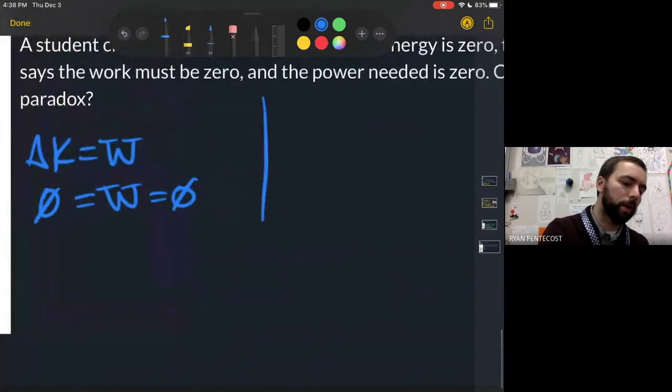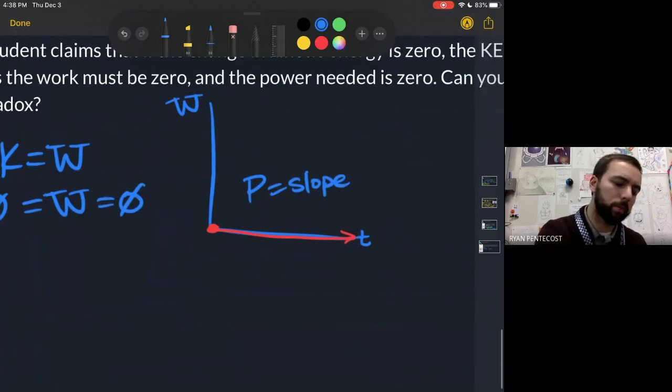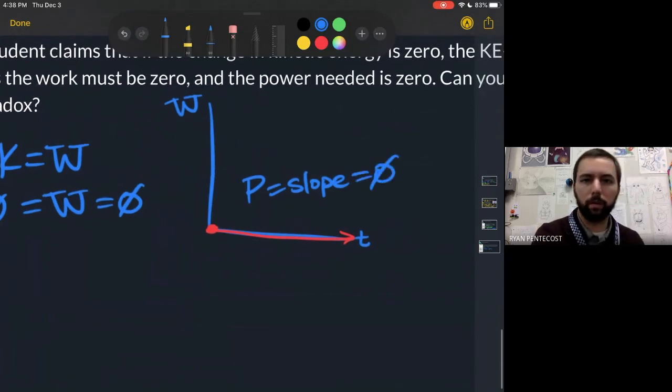And if we're talking about work over time, if the work is 0 and we try and find the slope of that line, remember power is the slope of this graph, that would also be 0. Slope of 0 is 0. So where are we getting confused here?